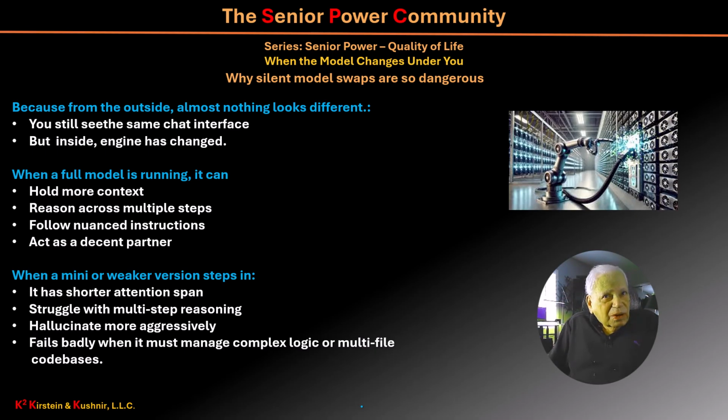However, when a mini or weaker version steps in, it tends to have a much shorter attention span, struggle heavily with multi-step reasoning, which of course is necessary when doing coding or system development, hallucinate more aggressively, and absolutely fail badly when you ask it to manage complex logic or multi-file code bases.